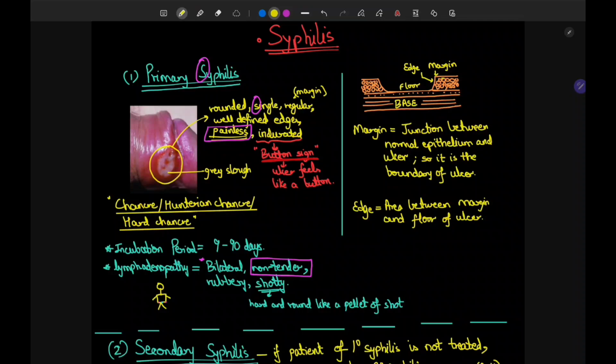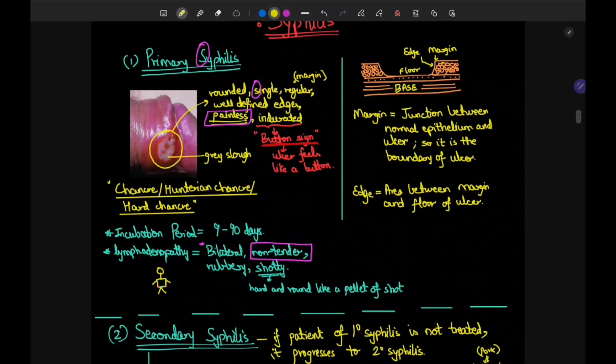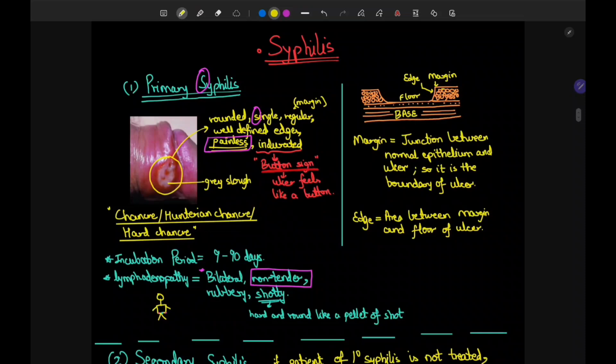So this person won't have any pain if he goes and infects any other woman, because he has this ulcer, right? And it's painless. It's not preventing him from doing sex again to any other individual. So that's why it's spreading so fast.